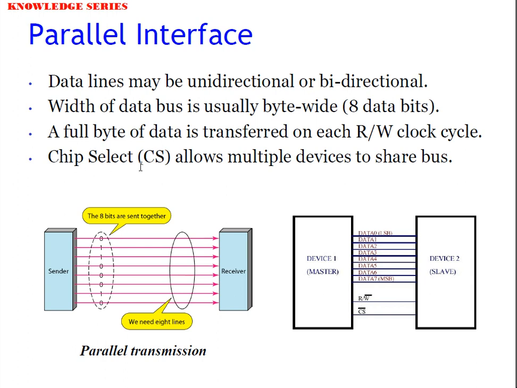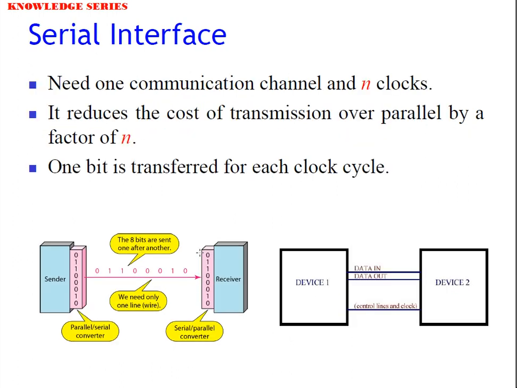And the chip select, CS, allows multiple devices to share the bus. So based on the CS or chip select, the trigger signal allows the communication to function from device 1 to device 2.